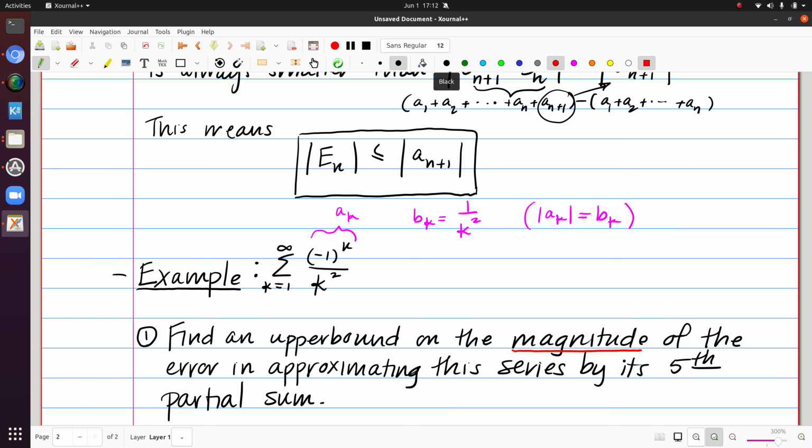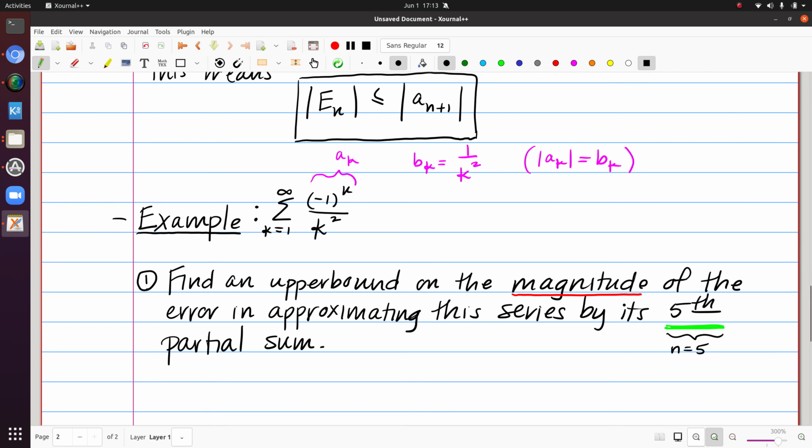So that allows me to use that boxed inequality exactly as it is. And the other thing I'm going to notice is this fifth partial sum. That tells me that I can assume n is 5 here. So this is really saying we need to bound e sub 5, or the absolute value of that. And according to our above result, that's bounded above by the absolute value of the sixth term.